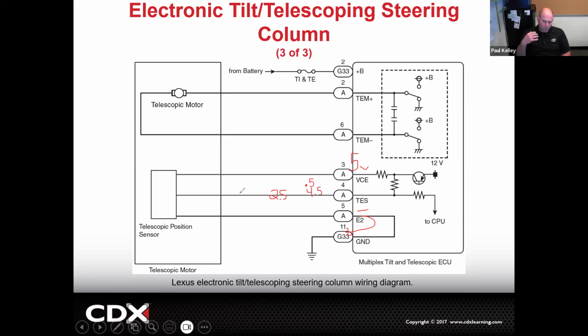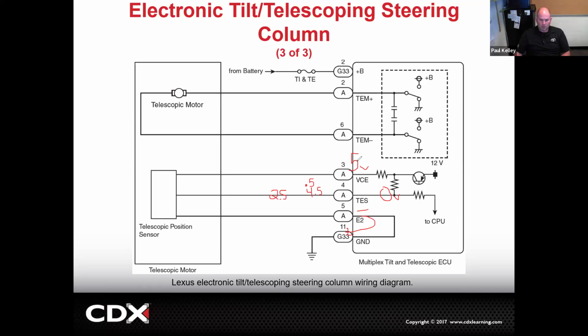When we're doing some of our ASE prep, remember these three wires have a 5-volt reference, a ground, and that middle wire is the one that sweeps depending on the position. This is a simple potentiometer. Half a volt on one end, 4.5 on the other end. If this wire is showing 0 volts, that is going to set a code. How did it get 0 volts?